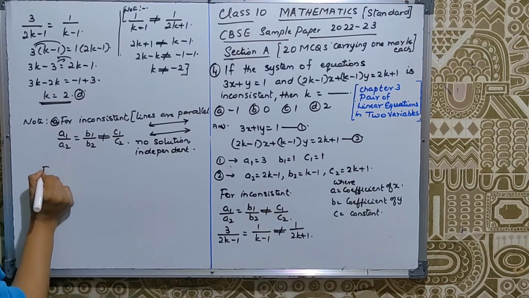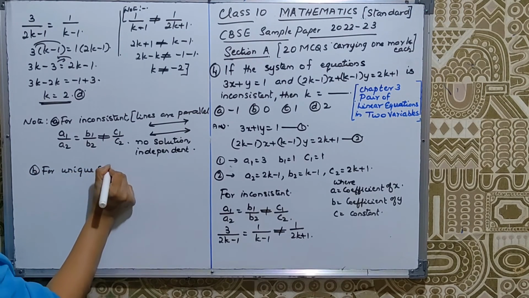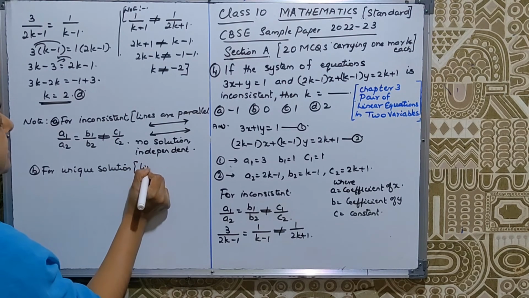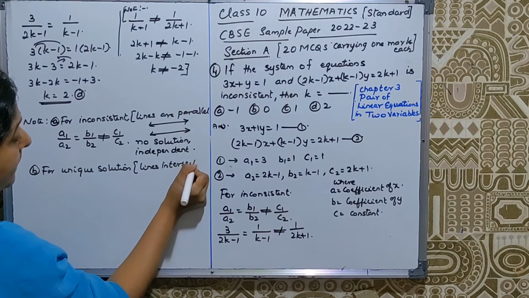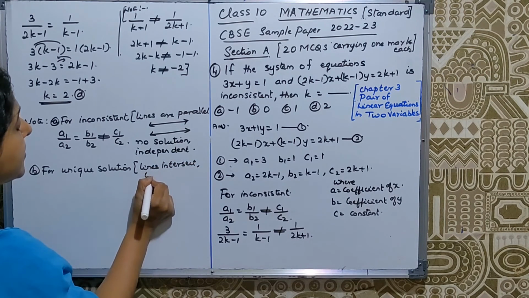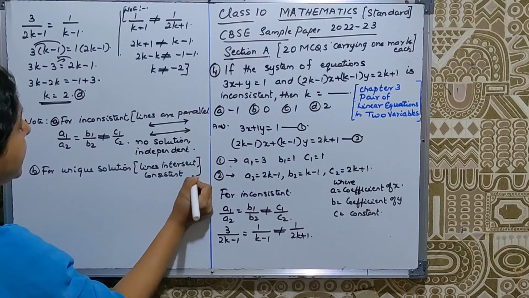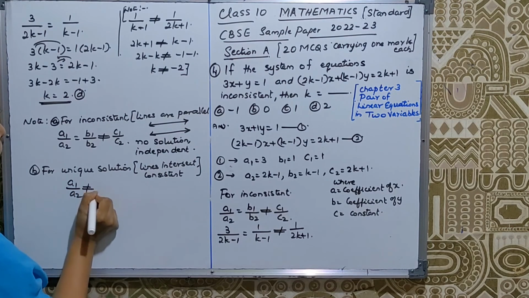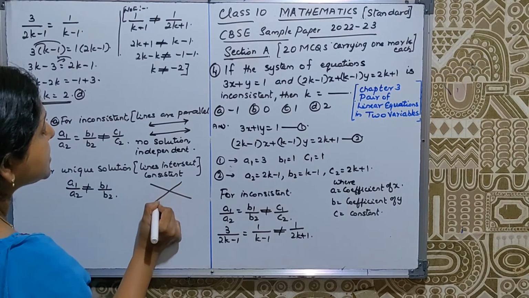And for unique solution, that means lines intersect, or consistent, the condition is A1 by A2 not equal to B1 by B2. Two lines will intersect each other.